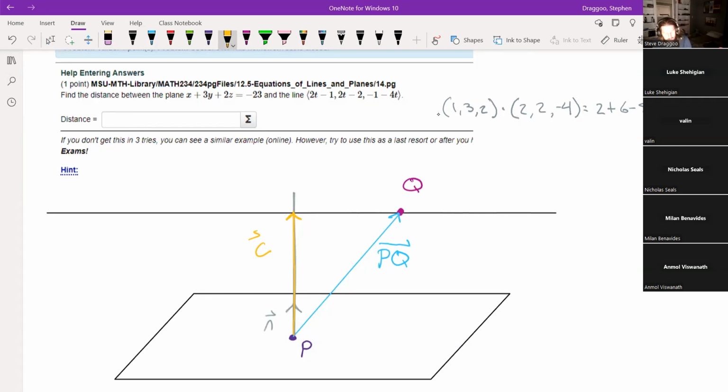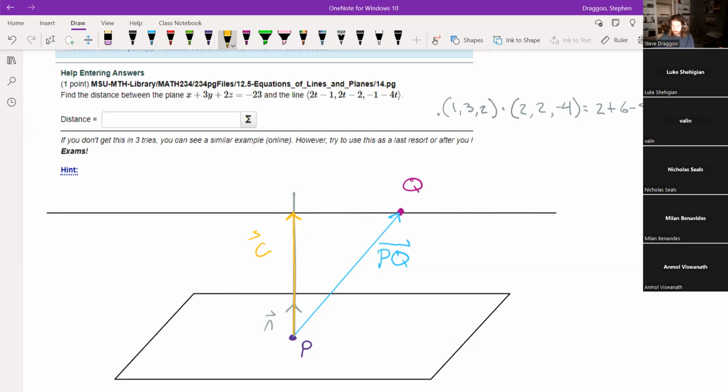That yellow vector is just a projection of PQ onto the normal vector, just like what we did in the second problem out of this review. So if I'm after that distance, I want to project PQ onto the normal vector and go from there.